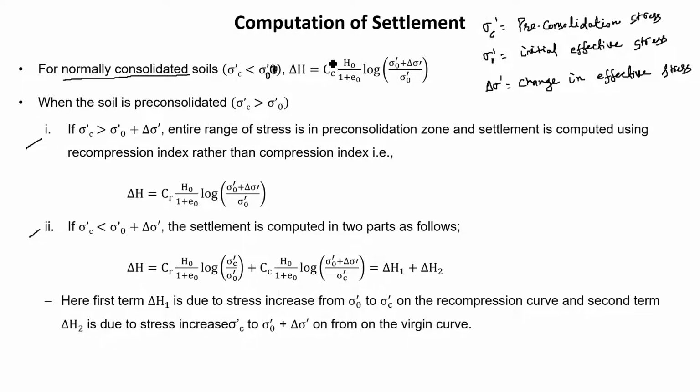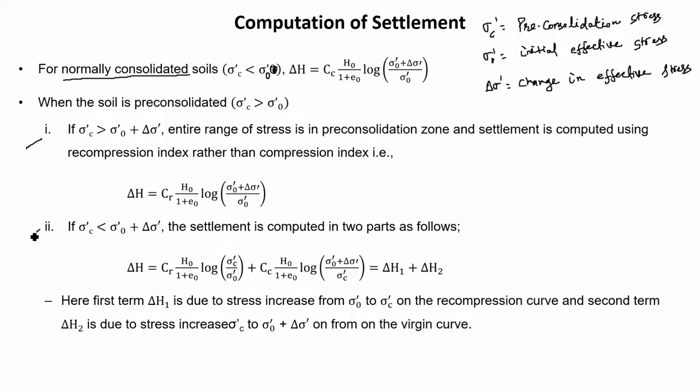For normally consolidated soil the settlement is computed using the compression index, but here we use the recompression index rather than the compression index. That is the formula delta H equal to Cr into H naught divided by 1 plus e naught, log of sigma naught dash plus del sigma dash by sigma naught dash, as you can see in the figure.